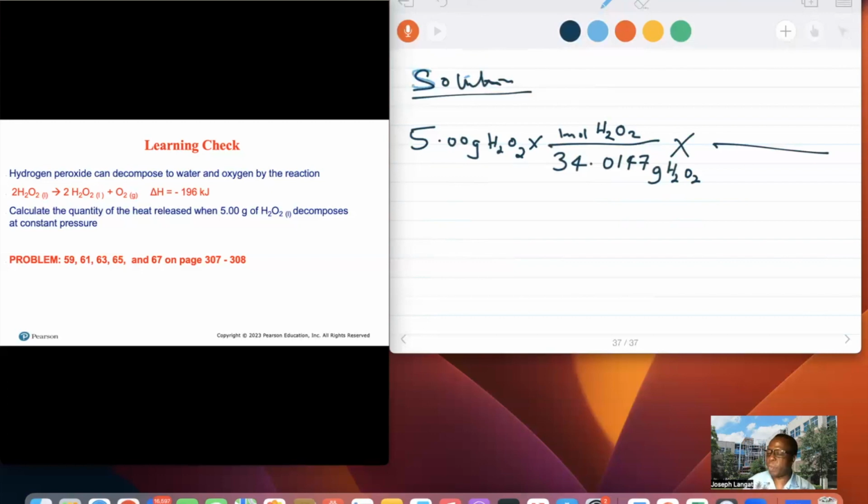And then from the thermochemical equation here, for every 2 moles of hydrogen peroxide decomposed, this is how much heat is released. So we generate the conversion factor from the thermochemical equation that for every 2 moles of hydrogen peroxide that's consumed or broken down, this much is given off, negative 196 kilojoules.